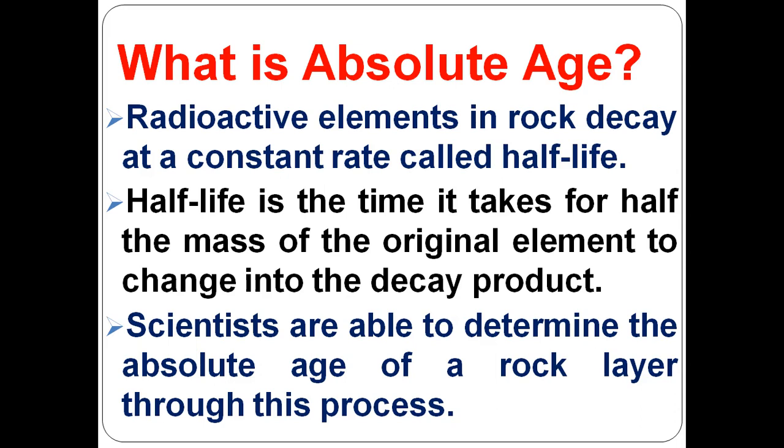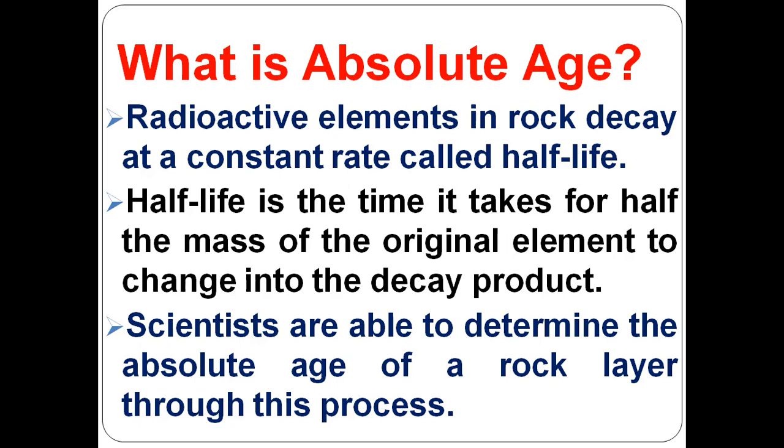So we are talking about the absolute age, where we are talking about the radioactive elements and what these radioactive elements are. We are talking about the half-life of the radioactive elements.